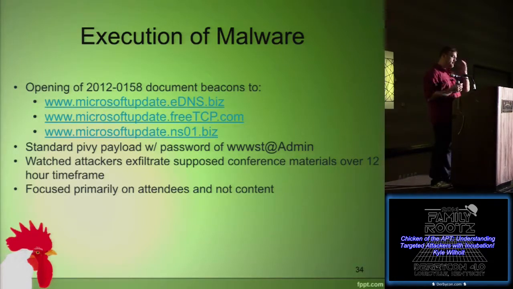Oftentimes what we'll see is these attackers will exfiltrate this conference list. So everybody in this room, for instance, they would take that, and then they'd individually go out and look at people of interest. They'd find out what your title is, et cetera, and then they would target you more specifically with some poorly made spear phishing document or something like that. So they would target you differently individually as they go through, but the first step is to take all the conference attendees. And again, in this case, they focus primarily on the attendees and not the content within the conference.